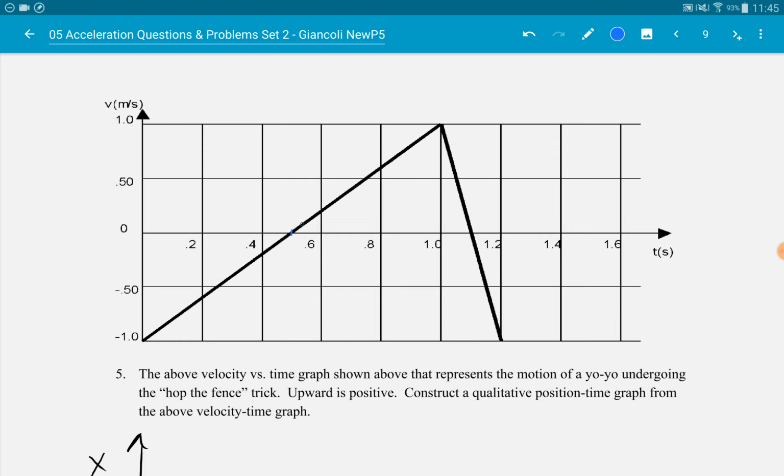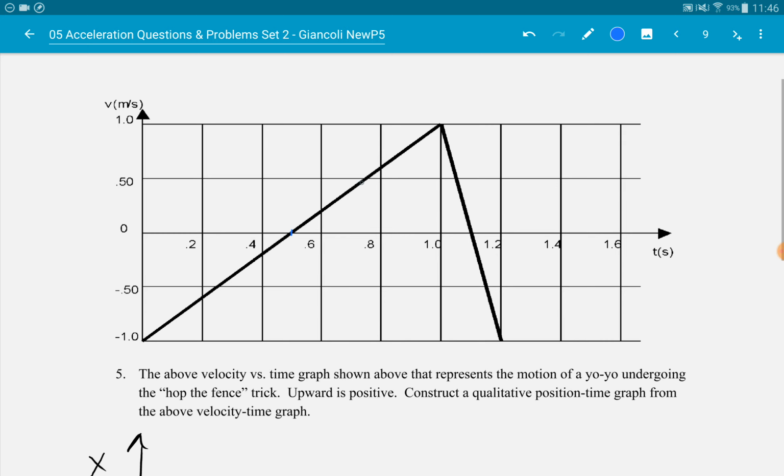Then afterwards, it's going up, and the velocity is positive, so the velocity is pointing upwards, and the yo-yo is going upwards. The velocity is getting larger and larger as it goes along here, meaning it's getting faster and faster as it comes back up. Oh, so maybe at the half second mark, the guy flicked his wrist to pull the yo-yo up, and then started speeding the yo-yo up as it came back up.